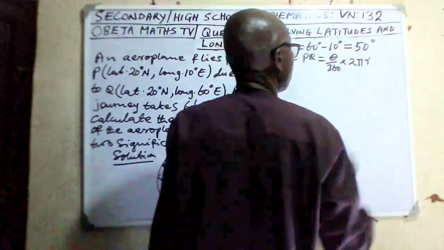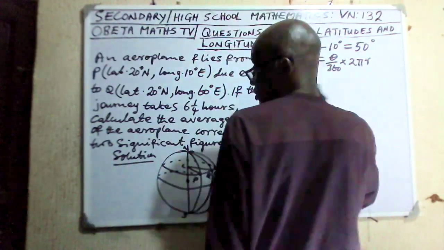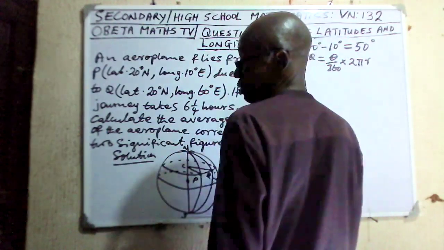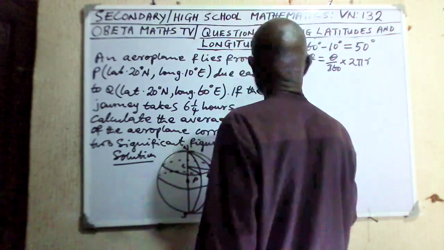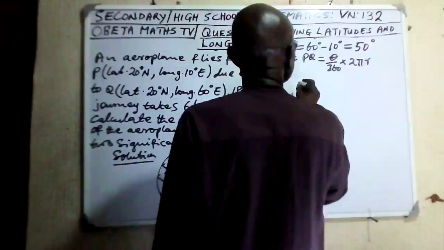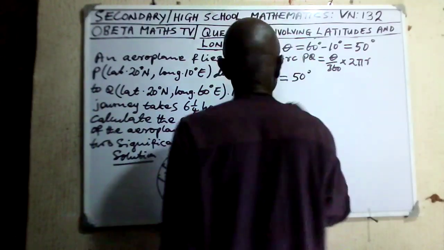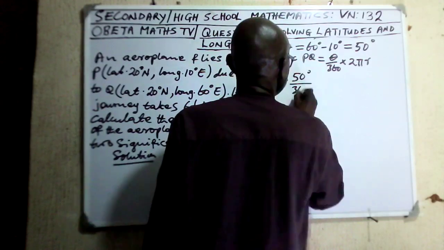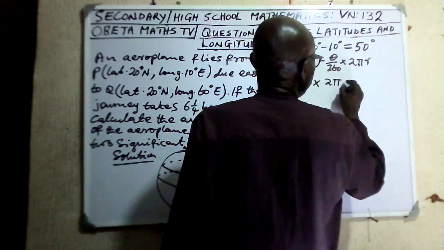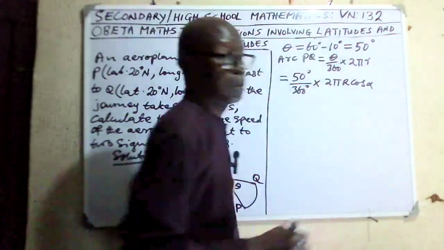And then if we continue, we have 50 all over 360 times 2 pi r cos alpha.